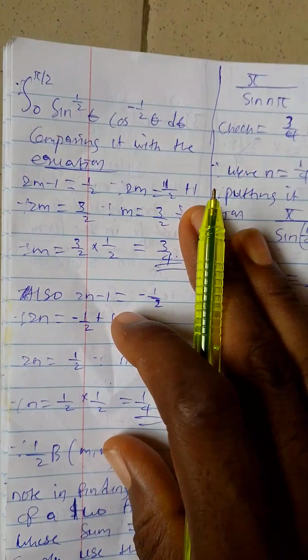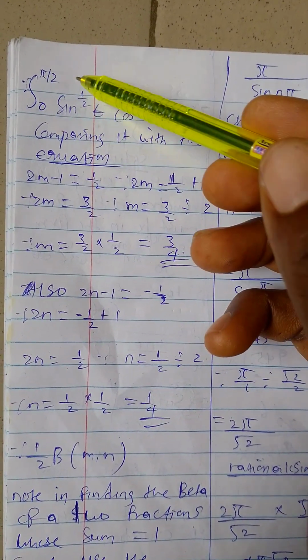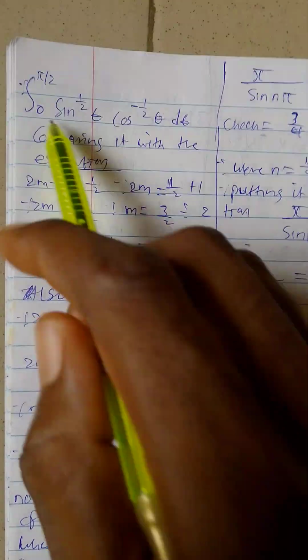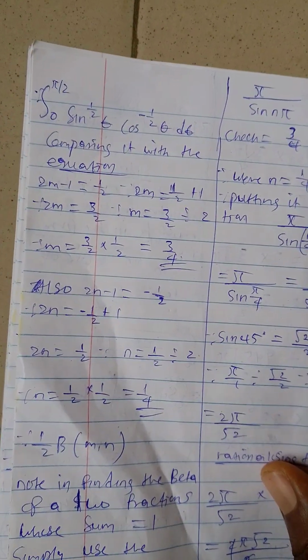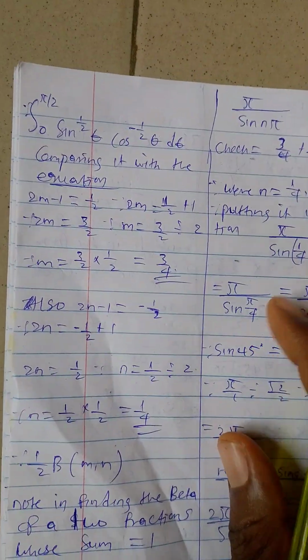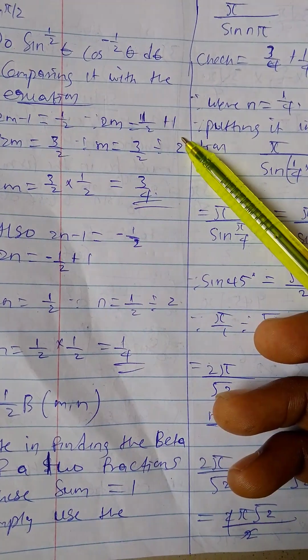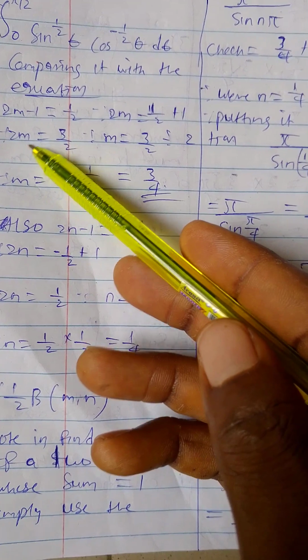Comparing it with the equation, we have that this is always m, this is always n. So here is m, that becomes 2m minus 1 is equal to 1 over 2. So making m the subject of the formula, 2m is equal to 1 over 2 plus 1. So 2m is equal to 3 over 2.